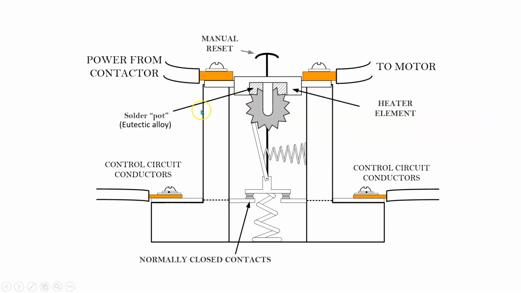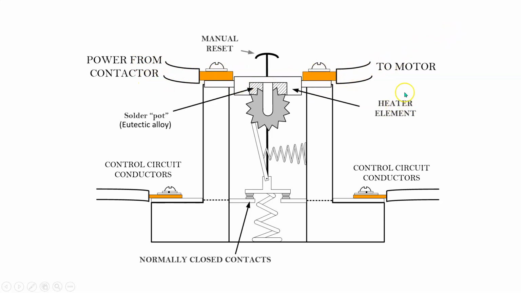All right, so here's what's going on. We have a normally closed set of contacts here, and there's a spring pushing up. But it can't push up because this little bar here is hitting your wheel. Up here we have power from the contactor coming through, going to the motor. This is where your FLA is going to be traveling.